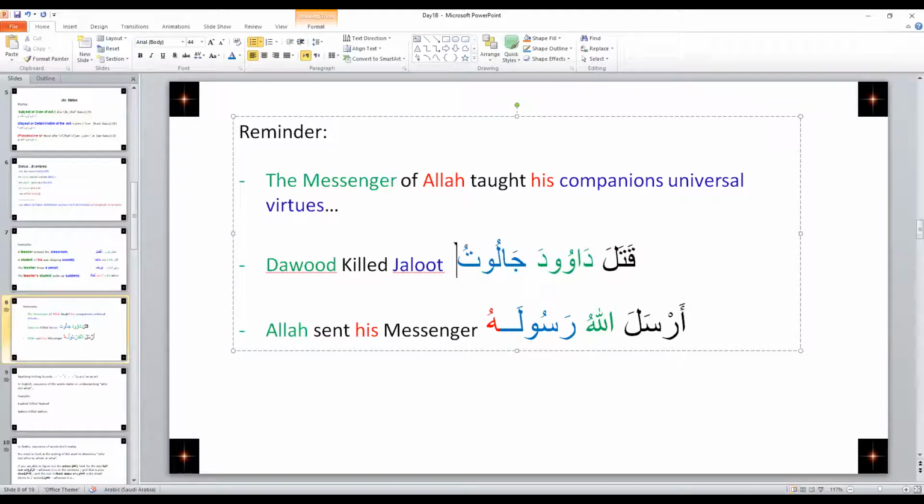If I do it like this, what I'm saying is that it is Jalut who did the killing. So then Jalut will now become green and Dawood would then become blue. So do you realize now that it doesn't matter where the U sound is, that U sound becomes the doer? Very, very important for us to note, right?